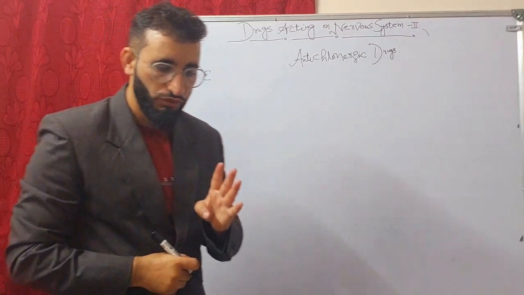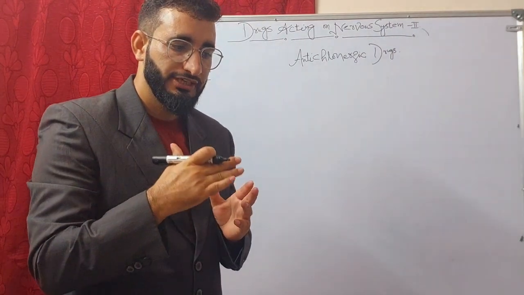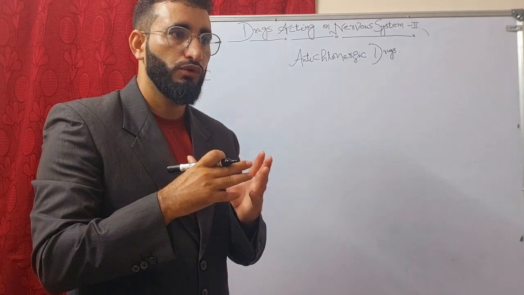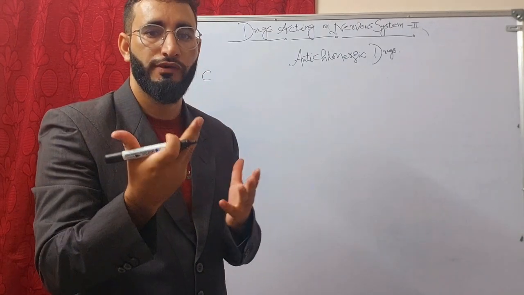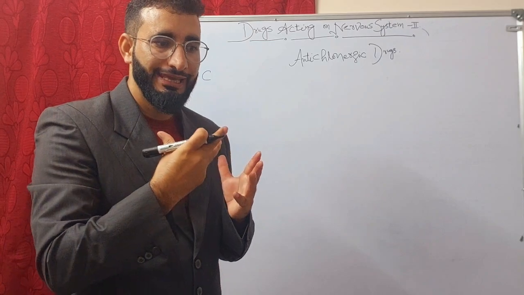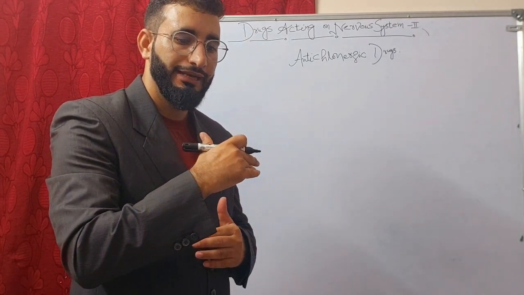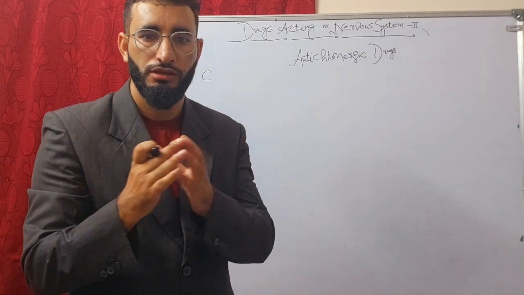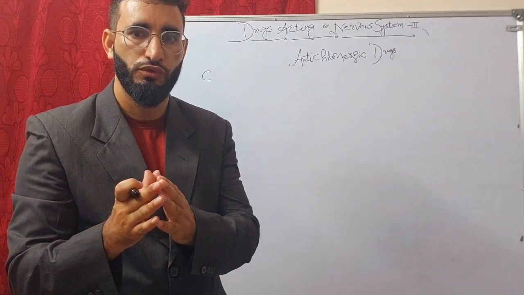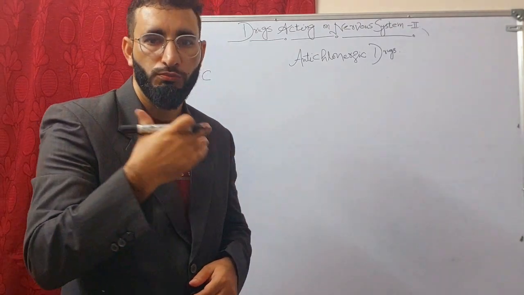As I told you in the previous video, chemical classification gives the idea about the chemistry of the drug. And when we know the chemistry of a drug, we can predict whether it is lipid soluble or water soluble, or we can say it is polar or non-polar.